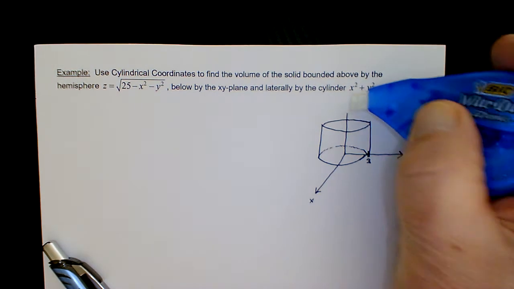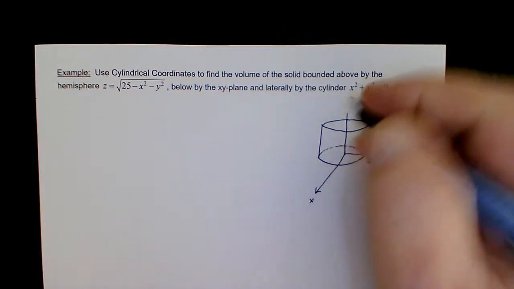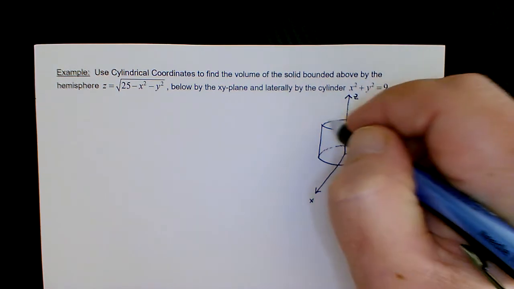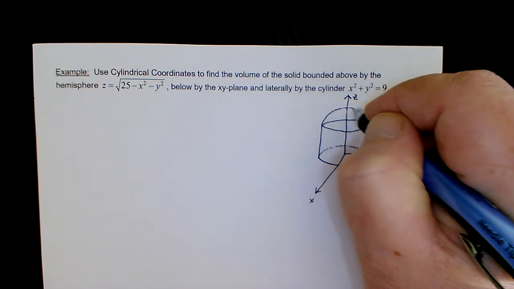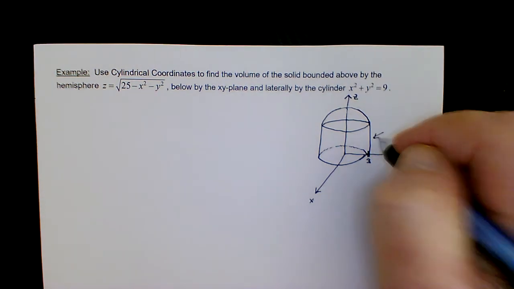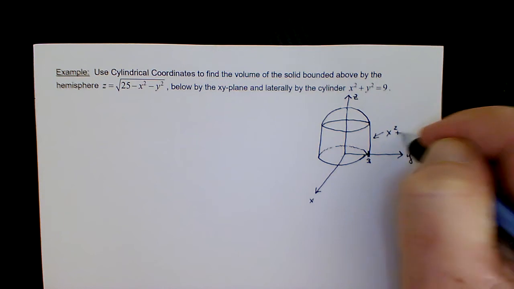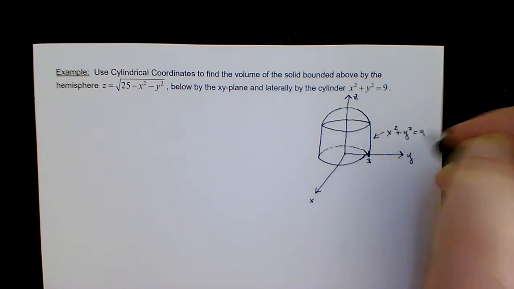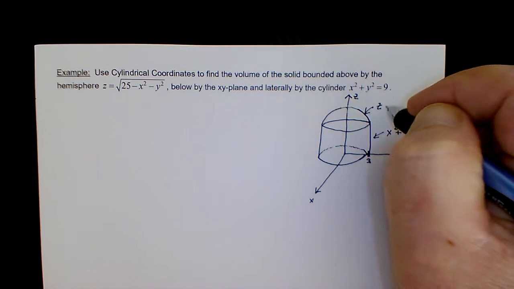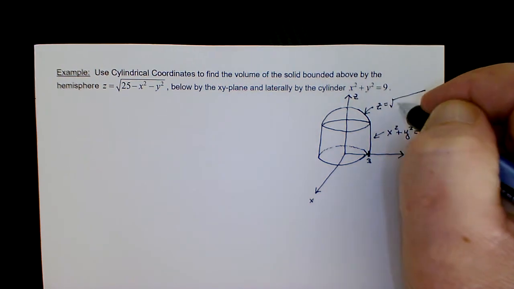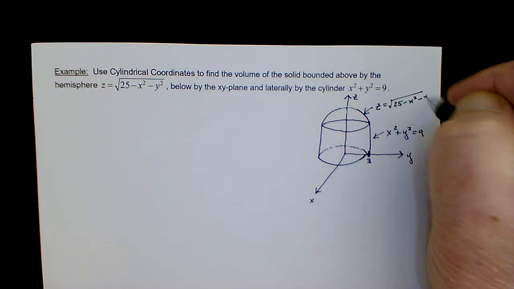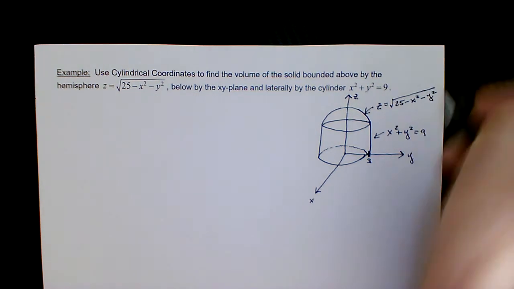And let me move the z-axis up a little bit. And then we've got a hemisphere on top. So the equation of the cylinder is x squared plus y squared equals 9. And the equation of the hemisphere is z equals the square root of 25 minus x squared minus y squared.